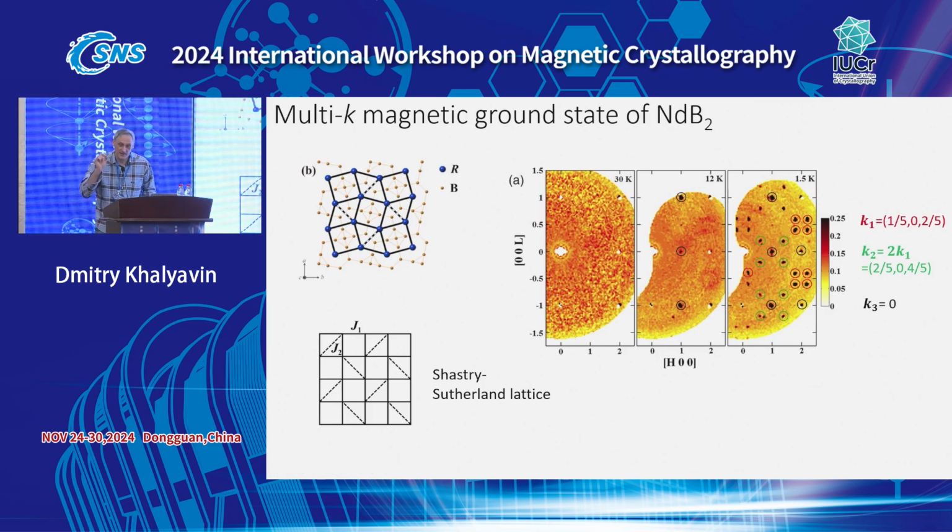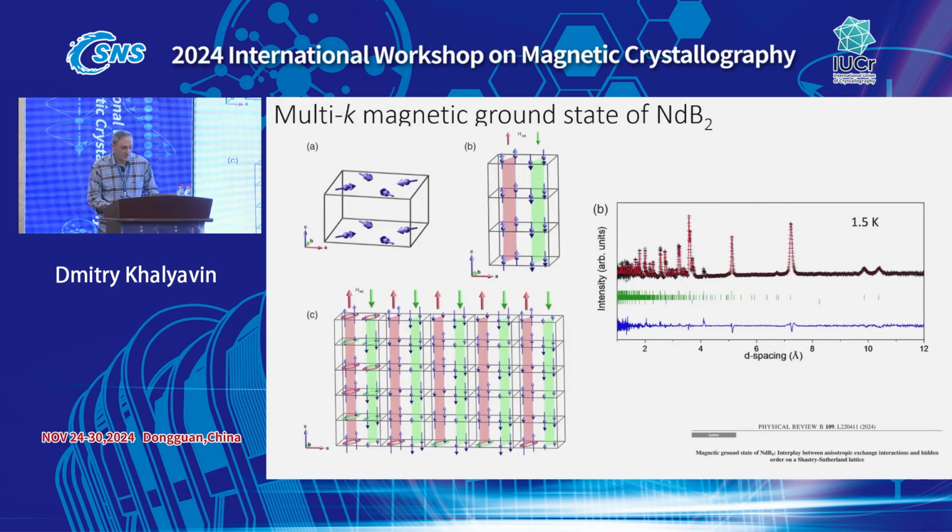It only needs to be magnetic, time odd, and translationally symmetric, K0. And we have this component here. And this component is actually antiferromagnetic, and it works like an internal staggered field. You know, and the magnetic ground state is actually very funny.